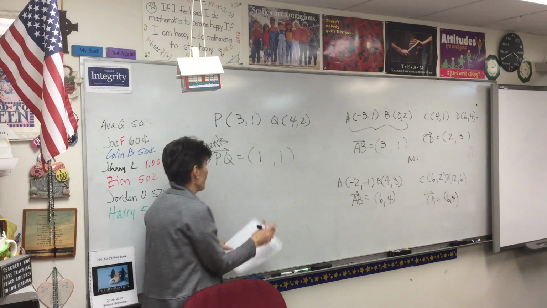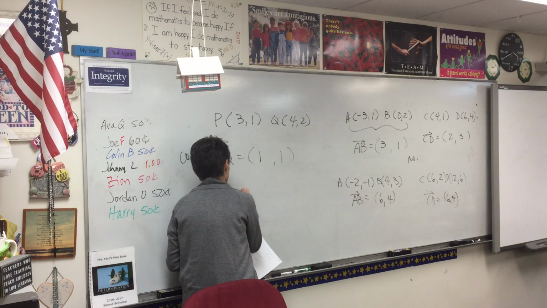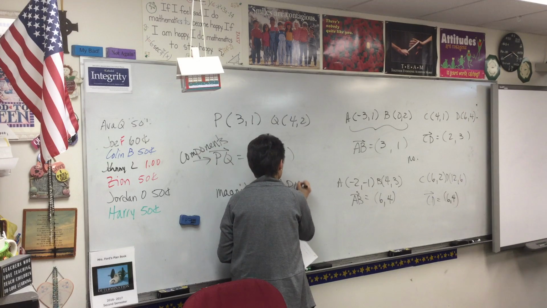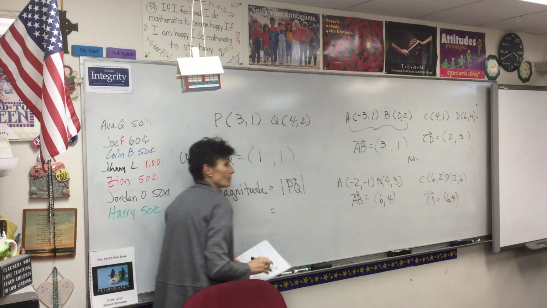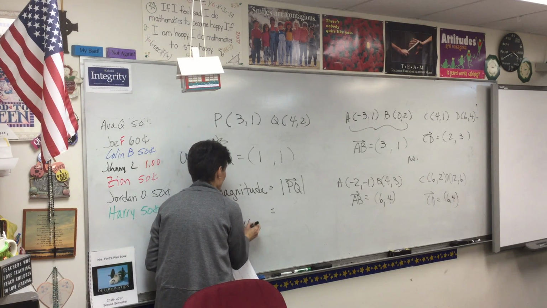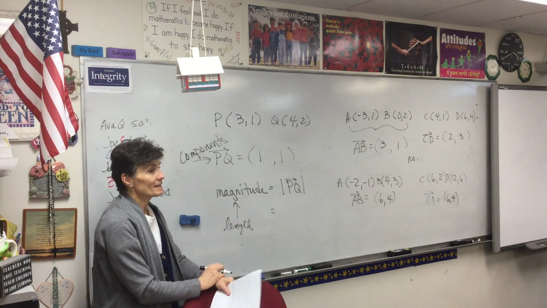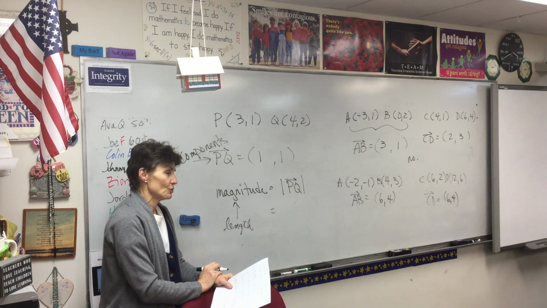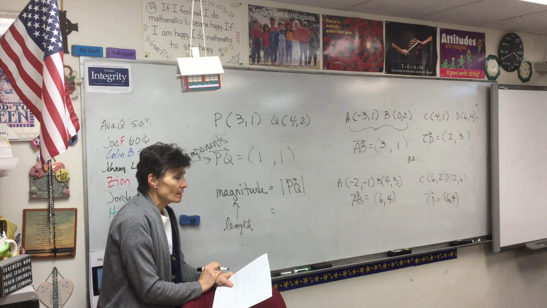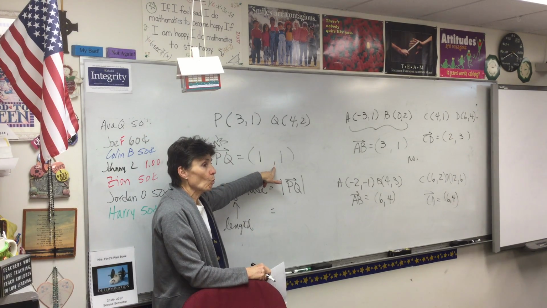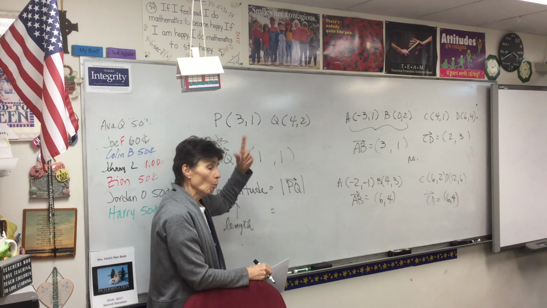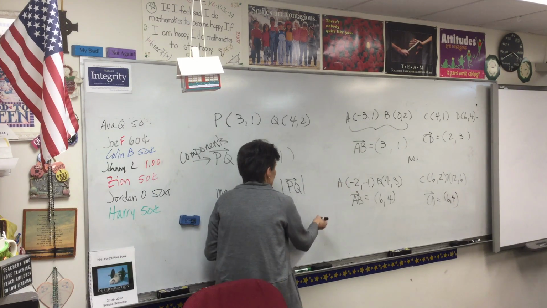Okay, now, magnitude. Who from physics knows what the word magnitude means? Means length. This is the vector word for length. So when somebody says to you, find the magnitude of the vector, all they're really saying is, how long is it? Now, its coordinates are 1, 1. There are a couple of different ways you can do this. One way is just common sense.